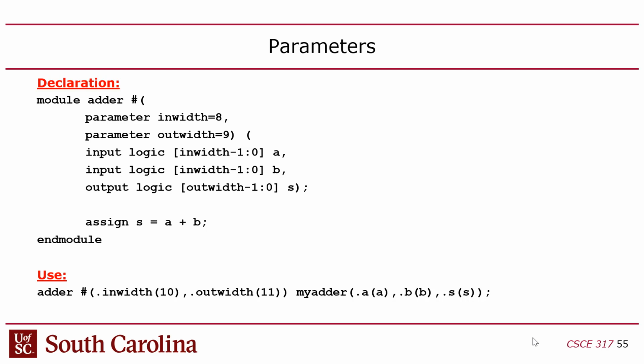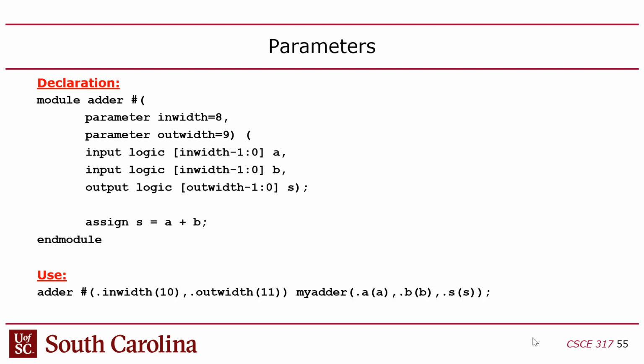Now the syntax here I think is very strange, and I can almost never remember. This is another one I can never remember. I always have to go back and look it up. So the syntax is that the parameters are defined on the module line, right, which makes sense.